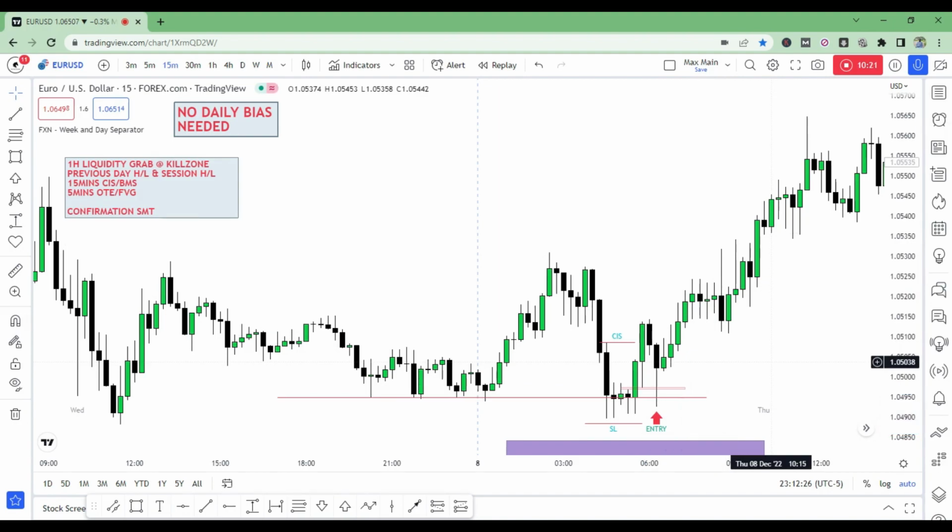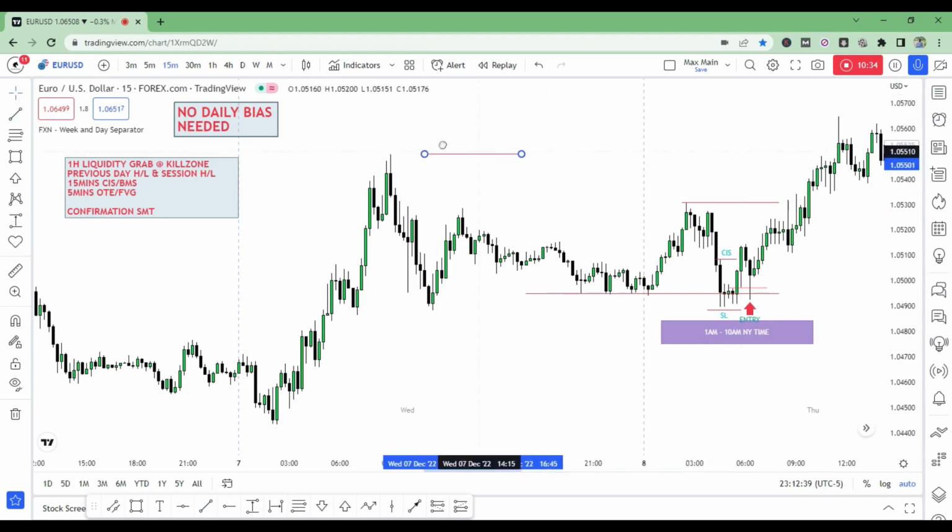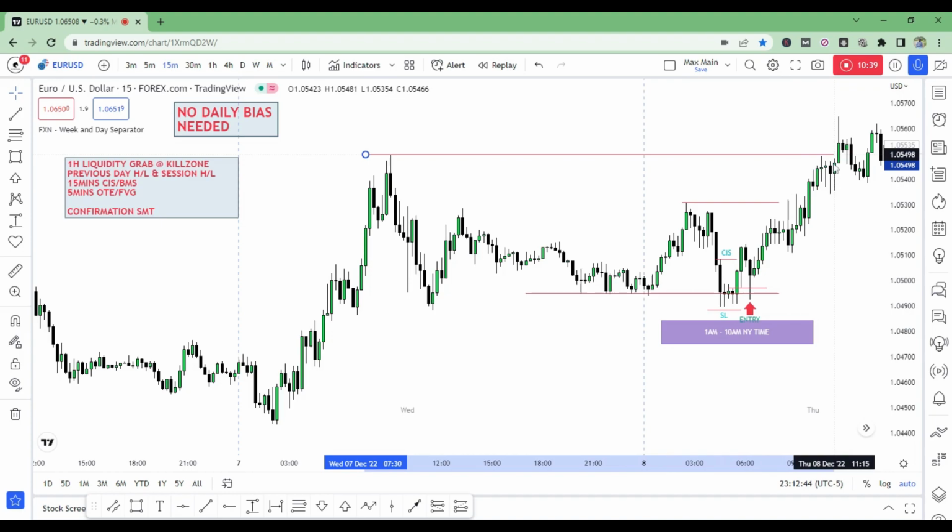Once we get this confirmation and we enter here, I like to target the nearest liquidity. The first liquidity I'll be targeting will be this. Then you also look at session highs and lows, or previous day's highs and lows. Since we are bullish, we'll be looking at these highs.